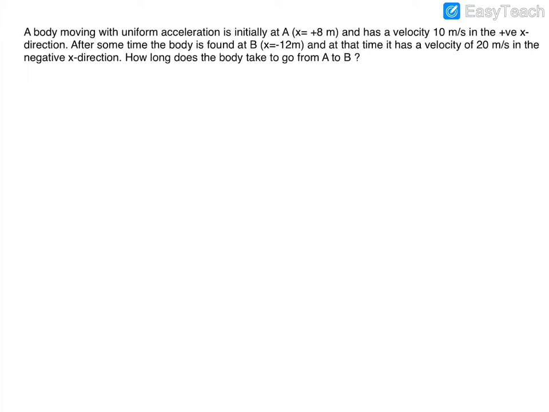So let's say this is your line. Let me say that at this point x is equal to 0.